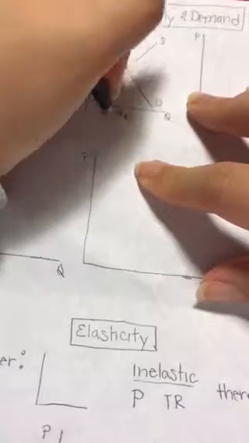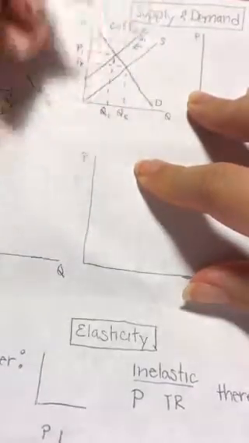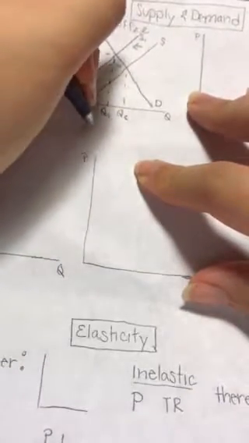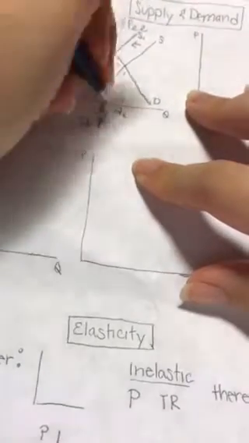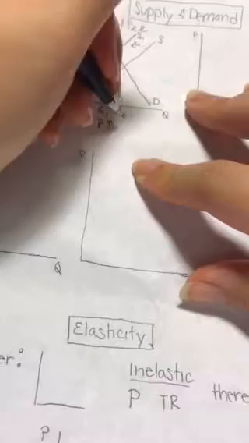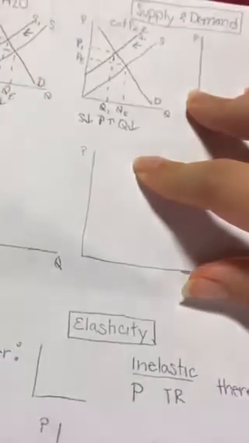So again, we're going to see that change some things. We saw a decrease in supply. We're going to see an increase in price and a decrease in quantity.